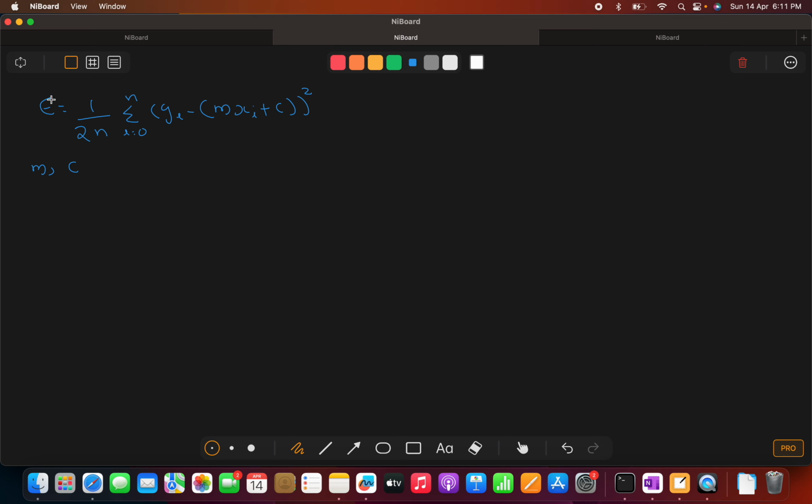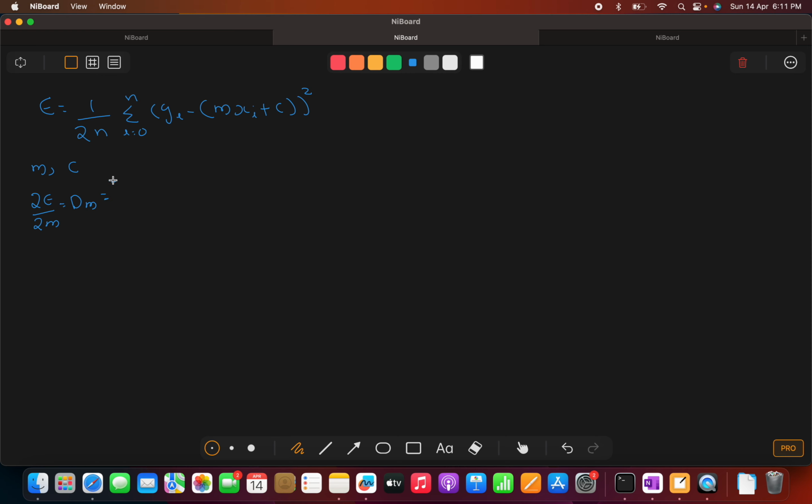We need to calculate the gradient. To do that, we need to differentiate this error with respect to m, and also differentiate this error with respect to c. First we differentiate it with respect to m, or I can call it dm for simplicity.